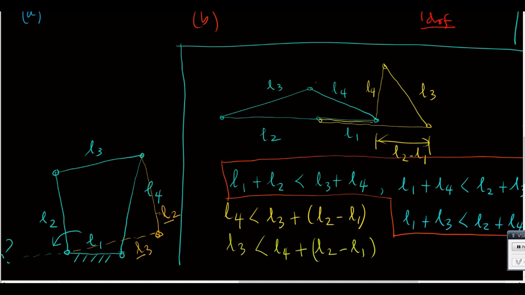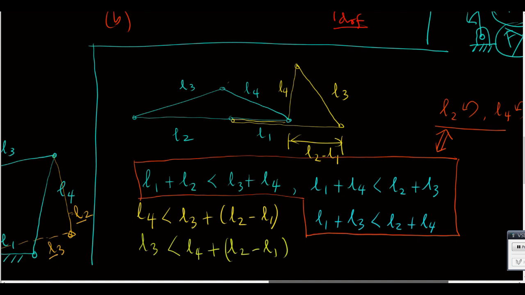Then I am interested in the linkage L1, L3 underline, L2 underline and L4, and I am interested in whether L3 can go around, right? And when I do this, then what has happened is L3 and L2 have been exchanged effectively in the equations. Let's exchange L3 and L2.